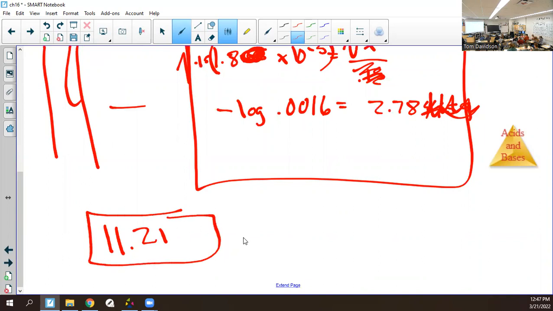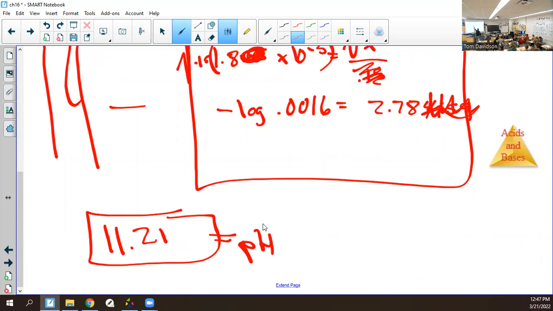Now I've got a question. Is that pH a base? 11 is greater than 7, right? So does that make sense? Do we want this to be a base? Yes.